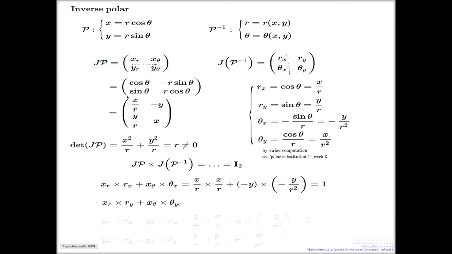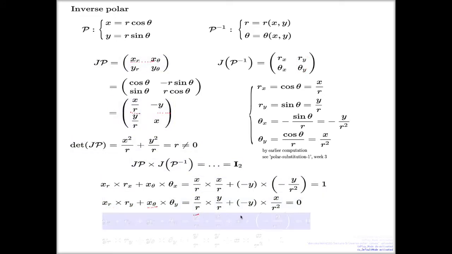This is a dot product of the first row and the second column. x_r, x_theta is the first row from here. It is x by r and negative y here. And r_y and theta_y are from here. One value came from here and the other from here. It's 0. Another two lines to verify this identity.